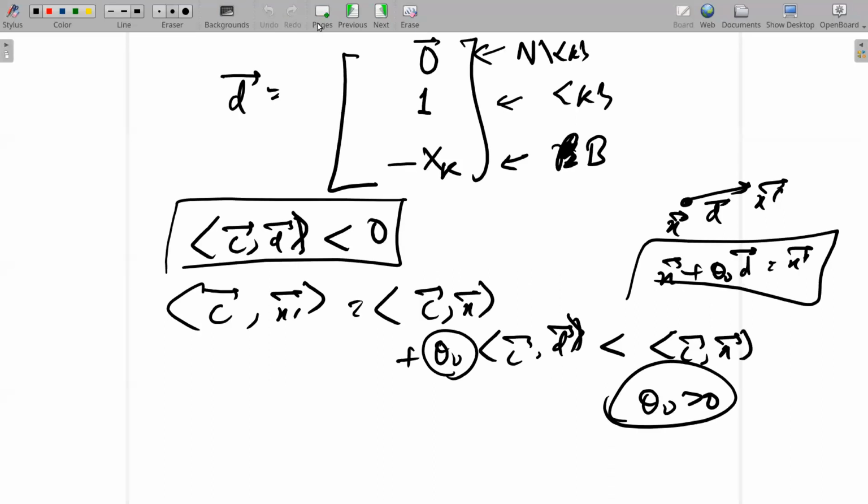In fact, I think it can also be less than or equal to 0. If theta naught is strictly bigger than 0, then c dot d is less than 0. And if theta naught is equal to 0, then those coefficients are all 0. So that will be a degenerate case.